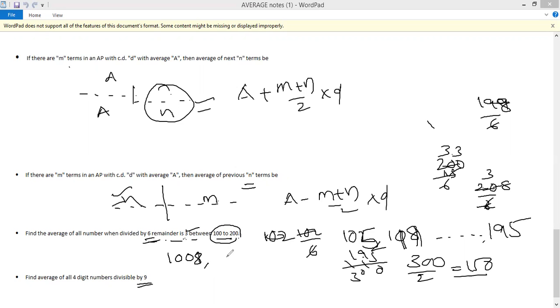Next, and like this, numbers are divisible by 9. The largest four digit number is this one. So average is what? First plus last by 2. First is 1008, last is 9999, divided by 2. That is the average.